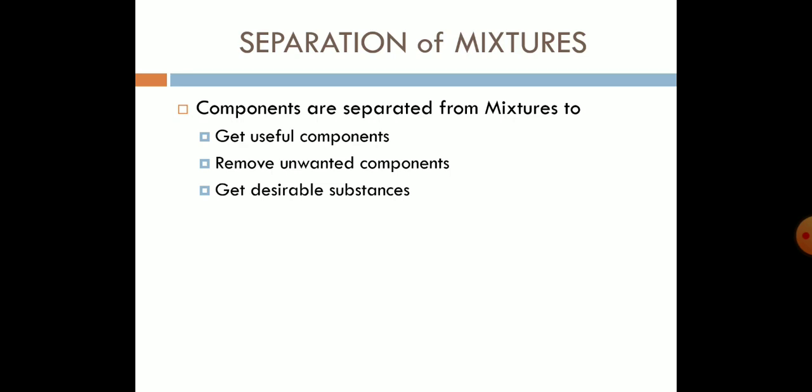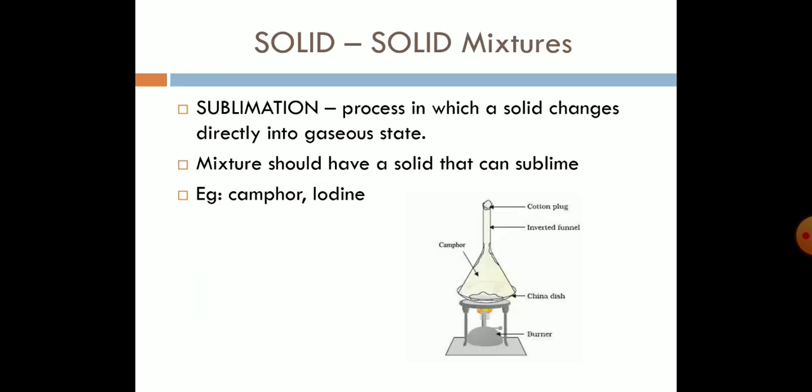And then you get the desirable substance, that is, you add sugar to the tea. Otherwise, the tea will not taste good. So the useful component is the tea, we have removed the unwanted waste like the tea dust, and the desirable component is the sugar we add. You can take the example of tea for why we do the separation of mixtures.